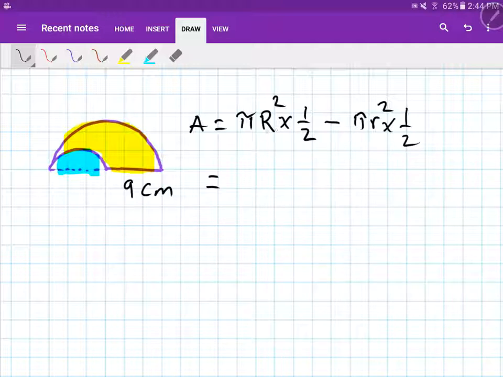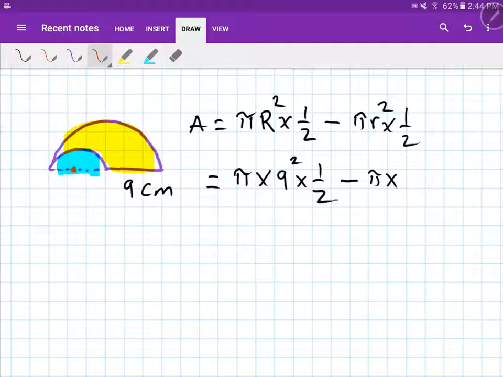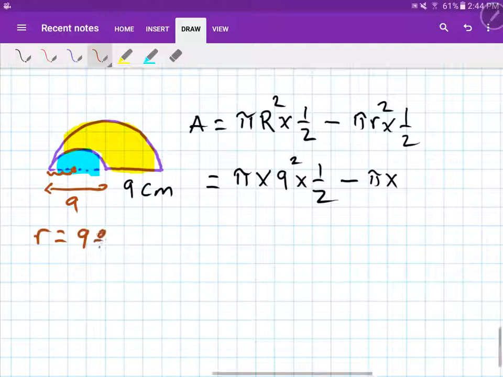Now, just substitute the numbers in. Because the radius for the larger circle is 9, that means pi times 9 squared times a half, minus pi times the small radius. The small radius is here, only from here to here. From here to here is 9, which is the diameter of the smaller circle. So the radius is 9 divided by 2, which is half of the diameter.